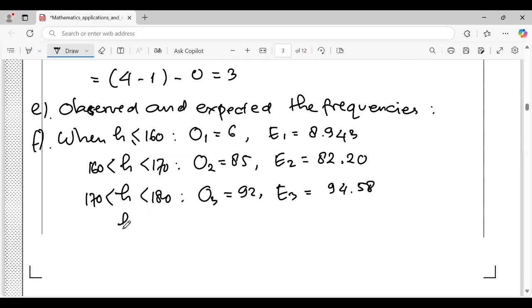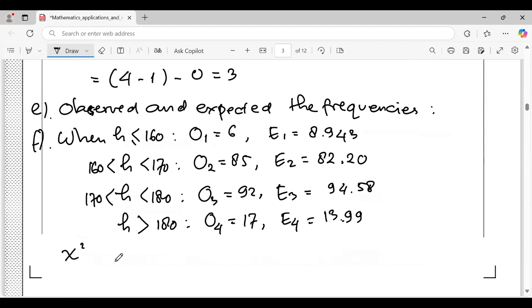And when H is greater than 180, O fourth equals 17, and E fourth equals 13.99.